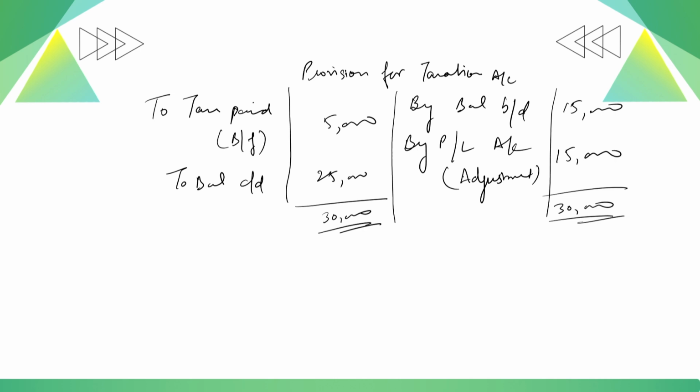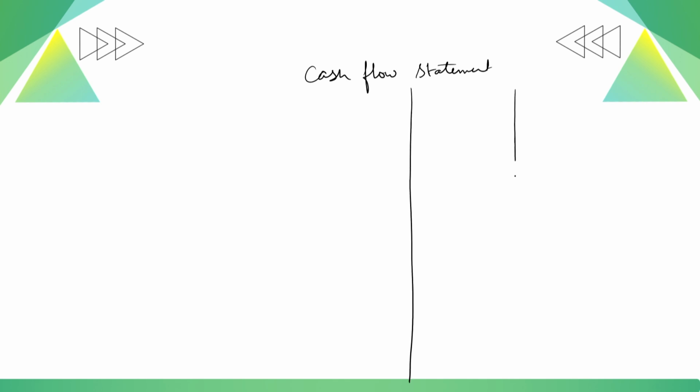After making all these working notes with regard to the adjustments or the additional information given in the question, now we will move to the cash flow statement. While preparing the cash flow statement, as the first step, we will compute the cash flow from operating activities.